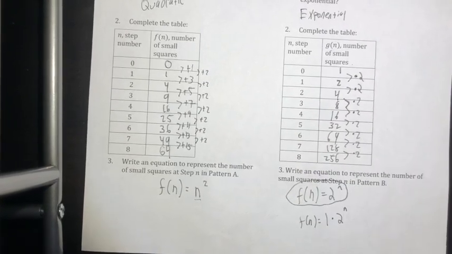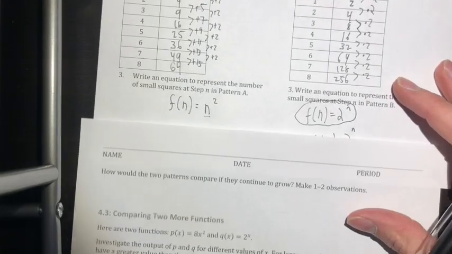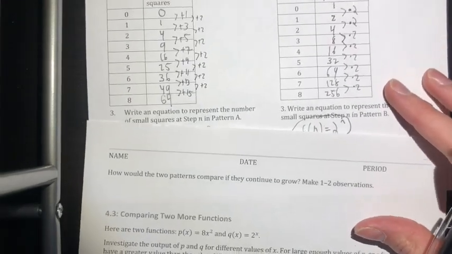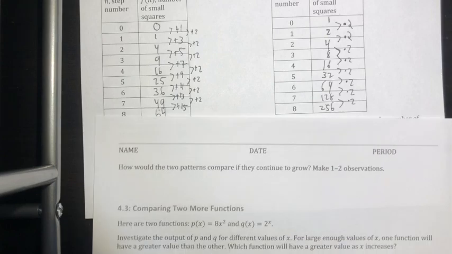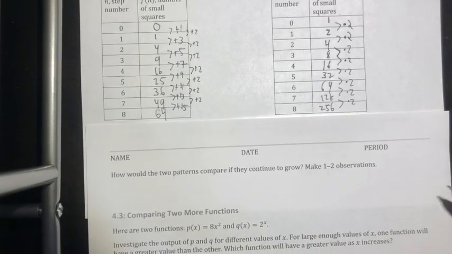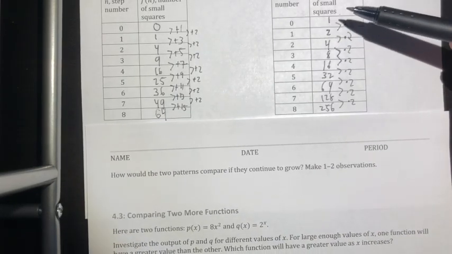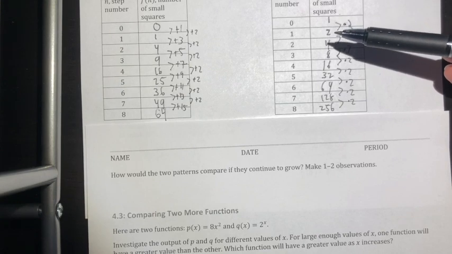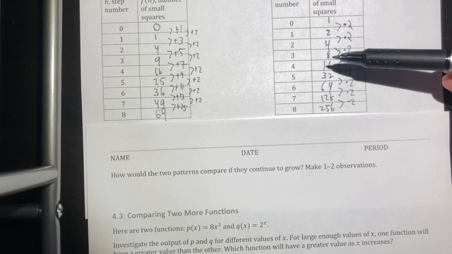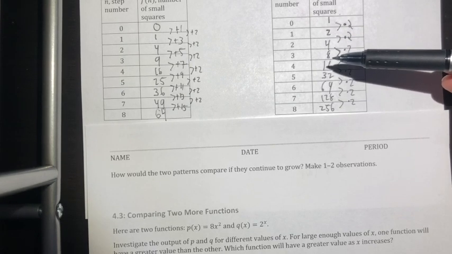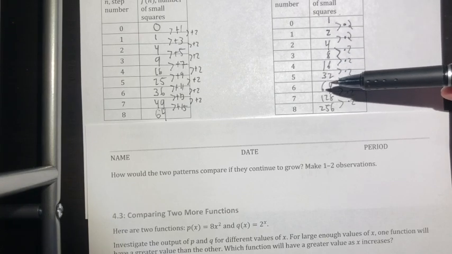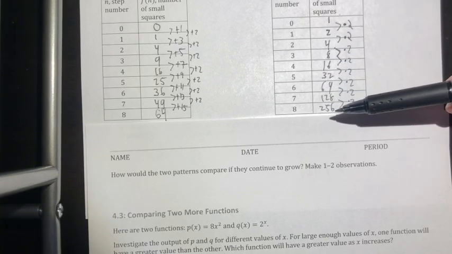And then how would these patterns compare if they continue to grow? Let's look at our tables. Which pattern's got more shapes in it? Well, pattern B maybe starts out a little bit less, maybe grows a bit slower. It starts out growing slower, but then it curves and has much more at the end, right?